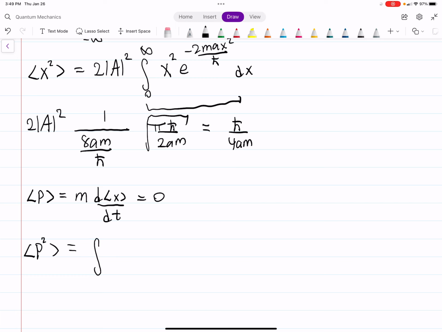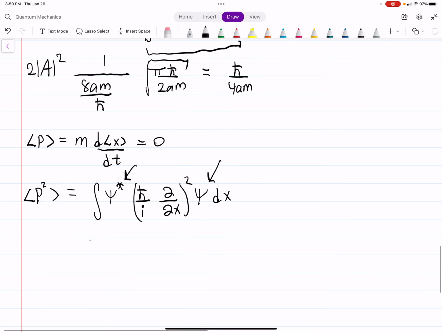To find the expectation value of momentum squared, this one we're going to have to be careful with. h bar over i, putting in the operator, d by dx, psi dx. Okay. So put in the complex conjugate, put in the wave function, obviously the h bar over i, and the a also can come out. That's not affected by the derivative at all.